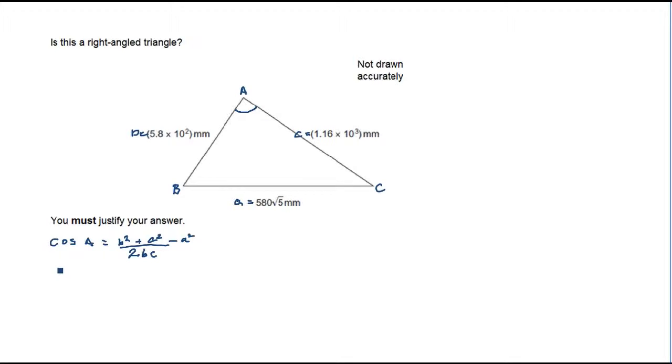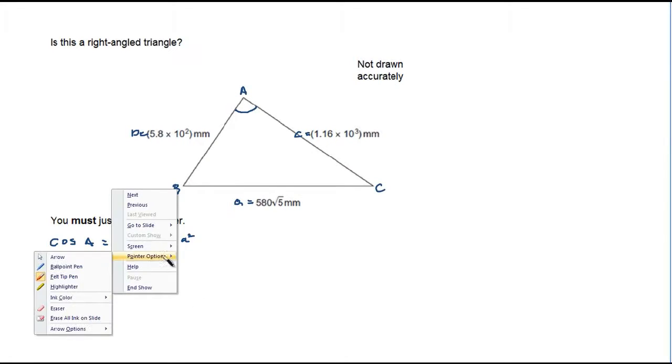So using this formula, the next step would give me b squared plus c squared minus a squared all over 2bc equals 0. So if I multiply both sides by 2bc, that will actually remove this denominator.